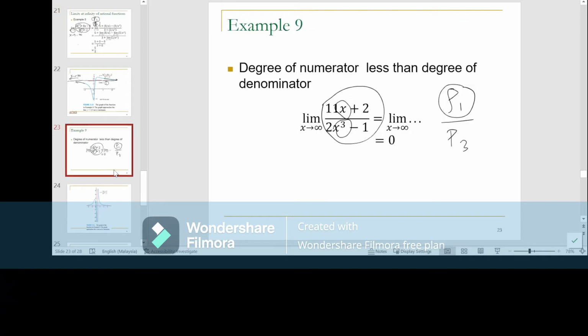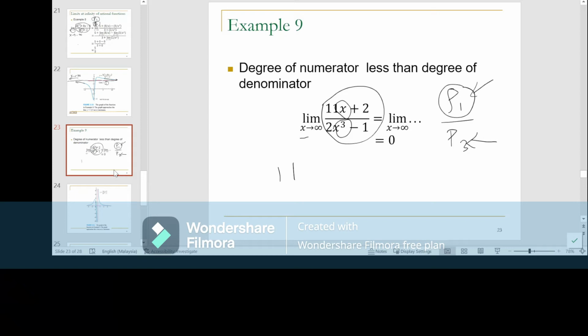Here we are talking about a rational function where the order of the polynomial upstairs is less than the polynomial downstairs. So before you can actually work out the limit without using any theorems, you could guess the behavior of the function as x tends to very, very large.